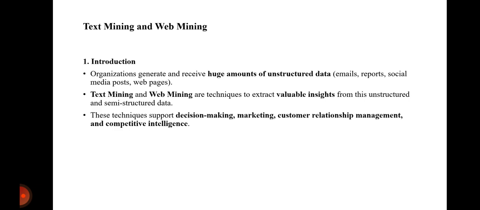Text categorization classifies text into predefined categories such as spam detection or topic classification. Clustering is nothing but grouping. It groups similar documents or text statements based on shared characteristics. And the next property we have is feature extraction, that reduces the dimensionality of text data by identifying key features for analysis.